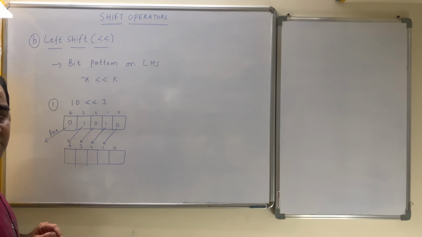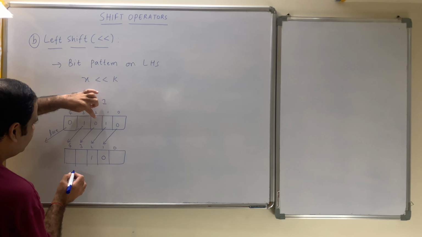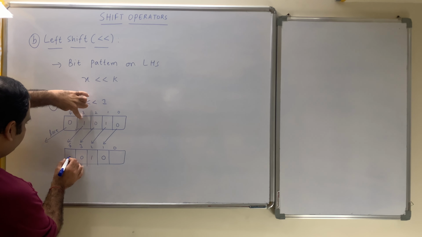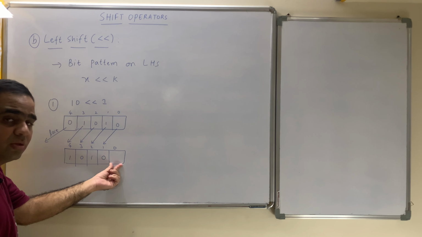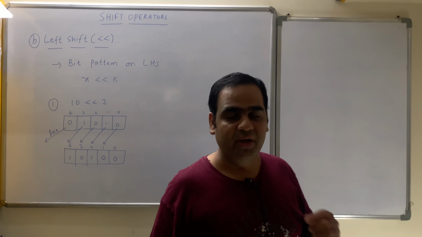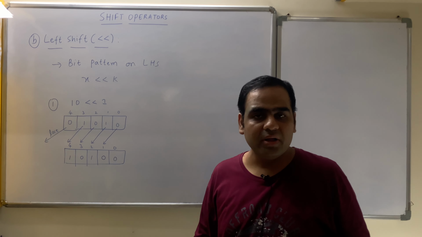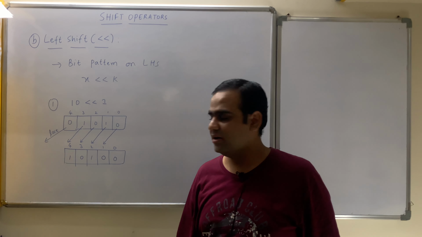Now if I write this, this is where the 0 comes, this is where 1 comes, this is where 0 comes, this is where 1 comes. And what about this place? We add 0. Now let us convert this number back to decimal. That will be our final answer.